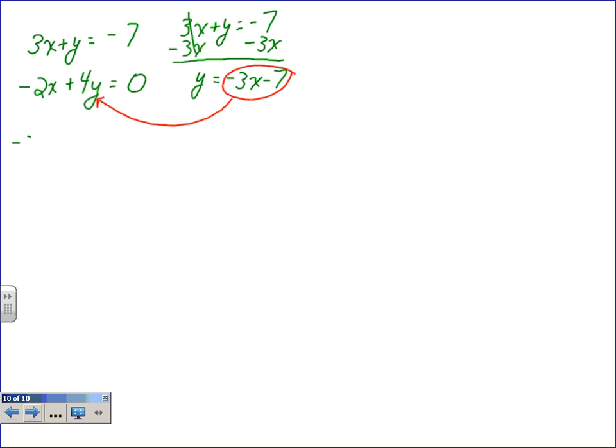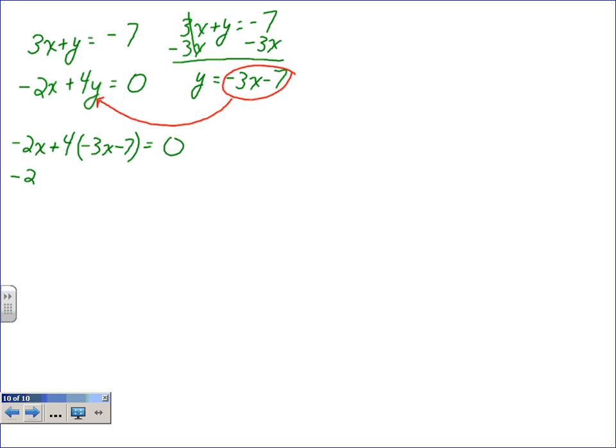So now I have negative 2x plus 4 times y, which we said was negative 3x minus 7, and that equals 0. The result is I have an equation with only one variable. I can find out what x is.